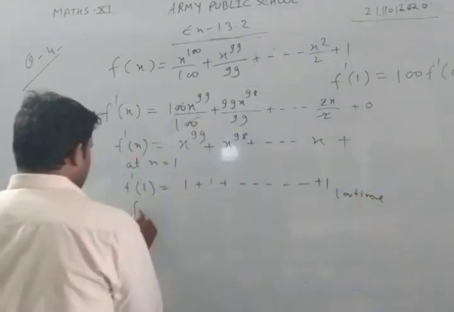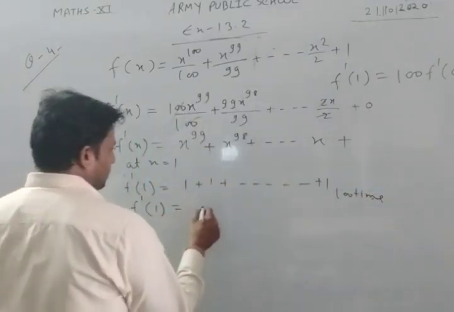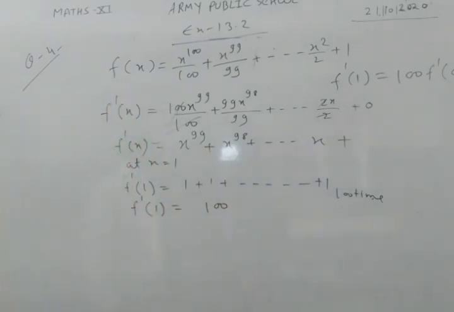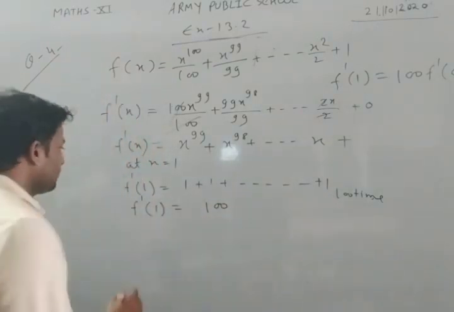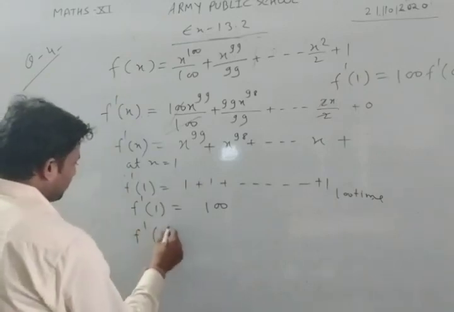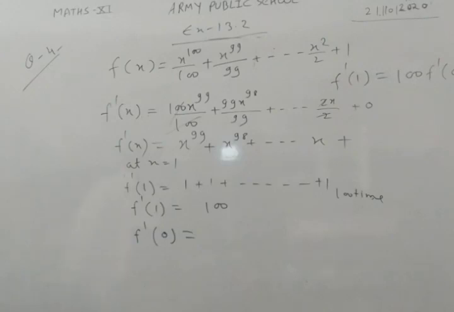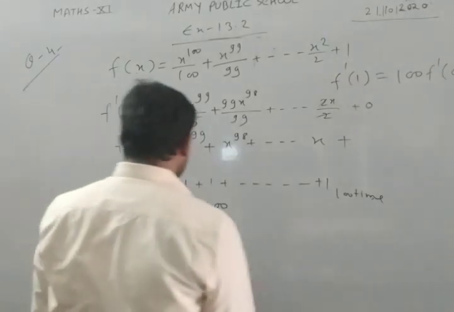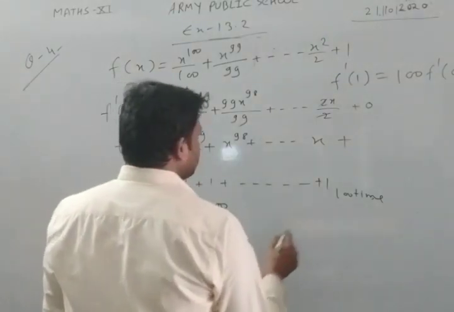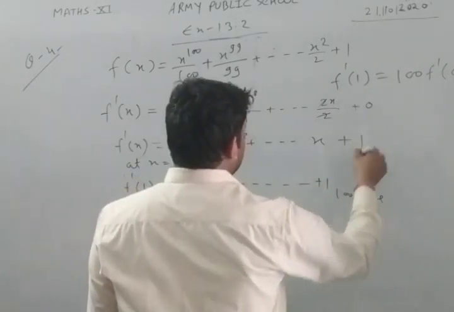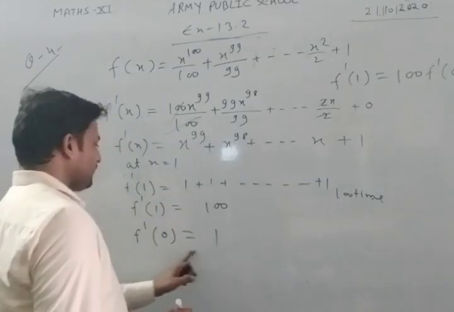So we get f dash 1 is 100. Okay. So now f dash 0 is what? At x equal to 0, we get 1. f dash 0 is 1.